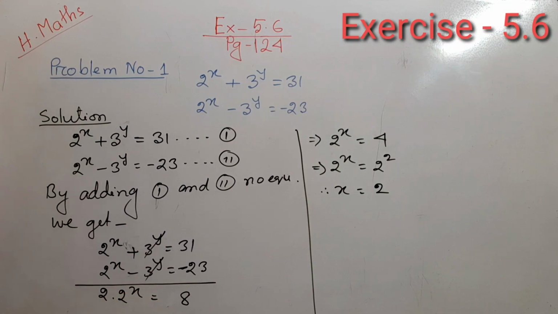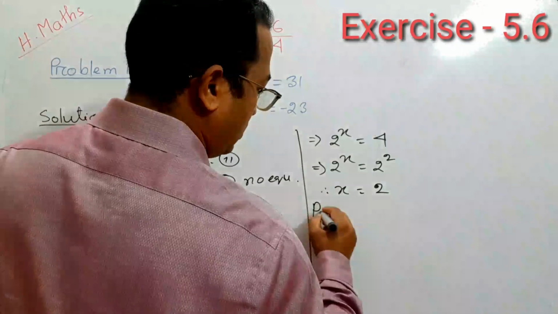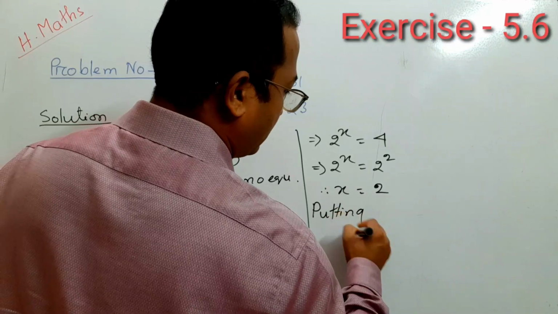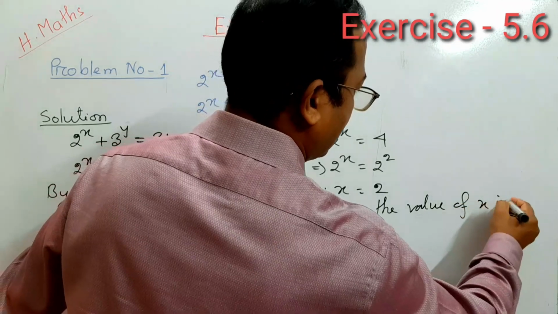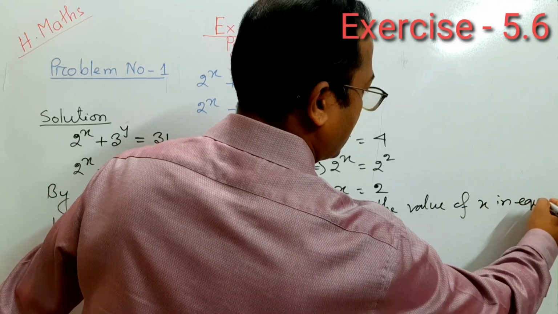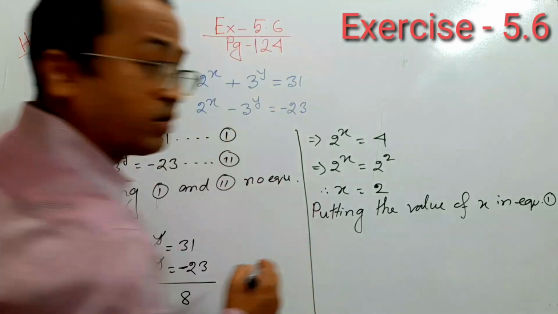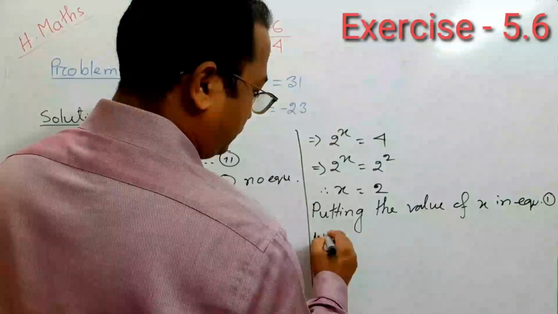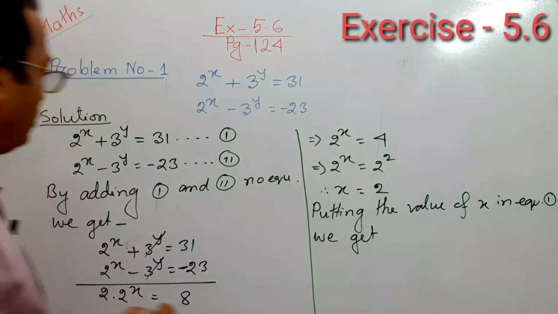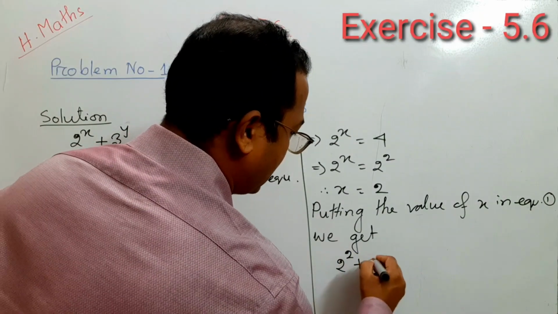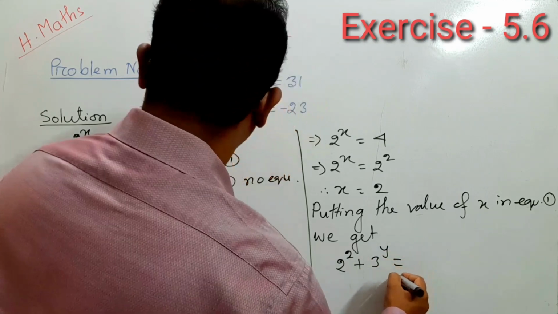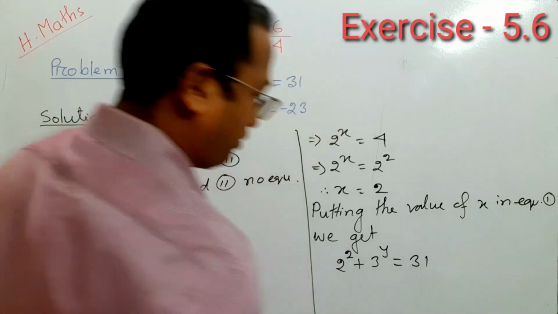Now putting this value of x in any one of these equations, we will get the value of y. Putting the value of x in equation 1, we get 2 to the power x, that is 2 squared, plus 3 to the power y equal to 31.